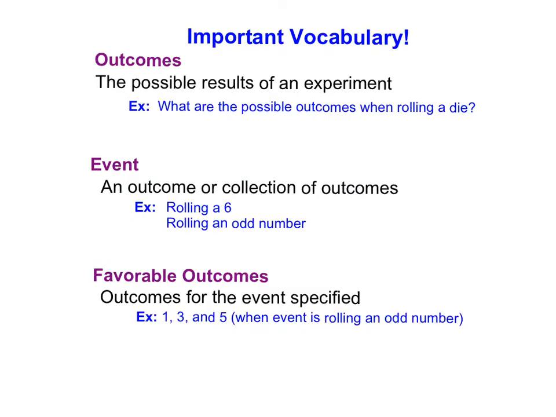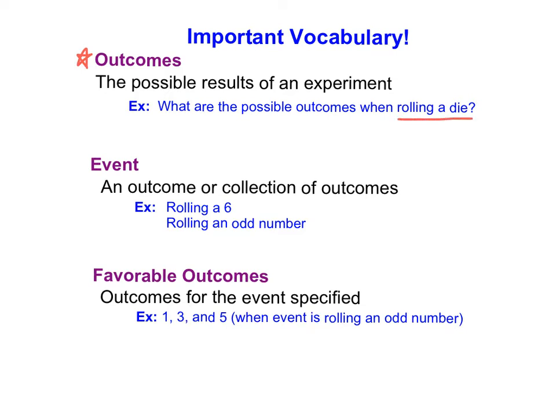So before we dive into probability, we want to look at 3 important vocabulary words that you need to know in order to understand probability. So the first word you want to have in your notebook is this word outcomes. And outcomes are all of the possible results of an experiment. So for example, say that we roll a dice.